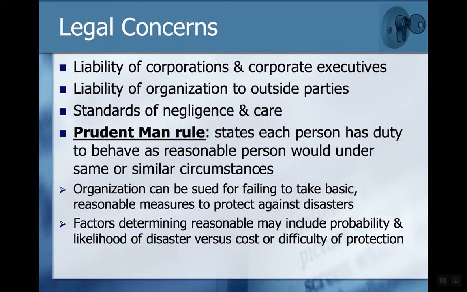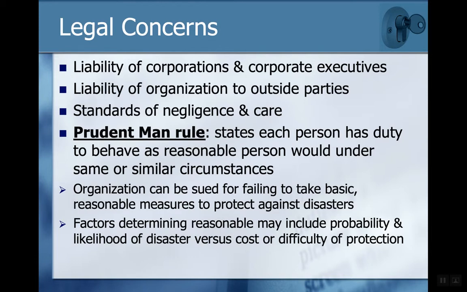The legal term that gets applied in a lot of these cases is the prudent man rule. It states that each person has a duty to behave as a reasonable person would be expected to under the same or similar circumstances. If an organization does not meet that rule, they can potentially be sued by the stakeholders involved.